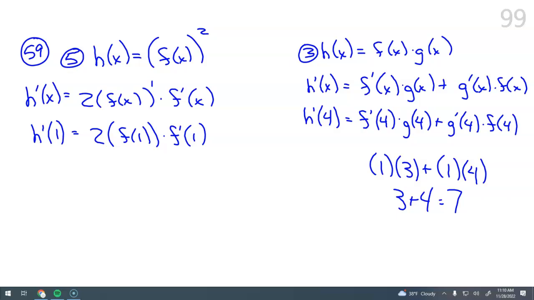So look those up. f of 1 is 1. f prime of 1 is 1. Multiply those out, you can see.